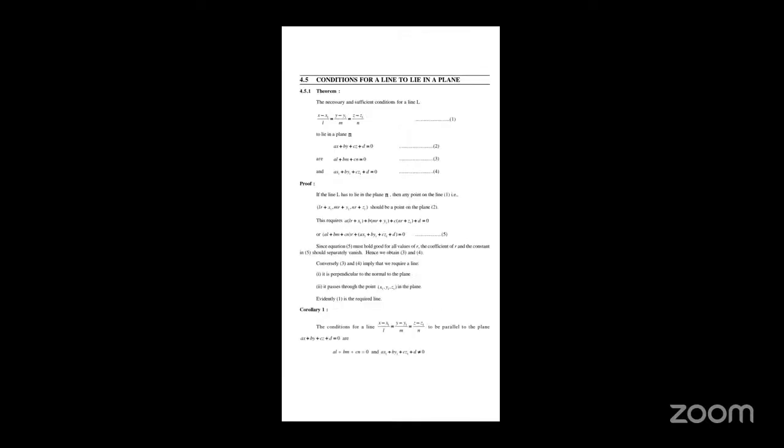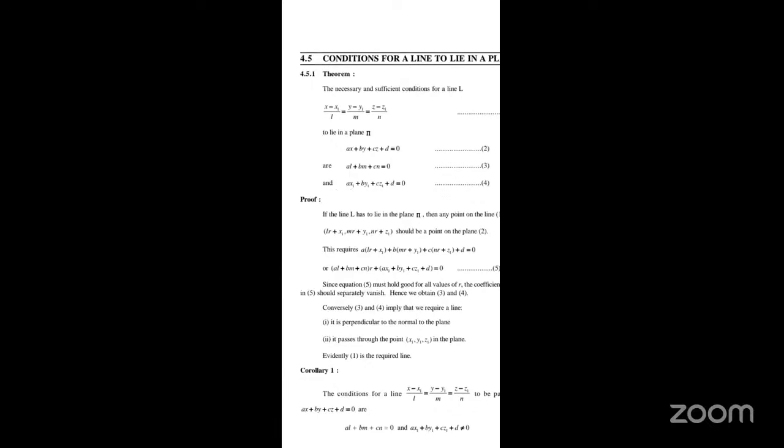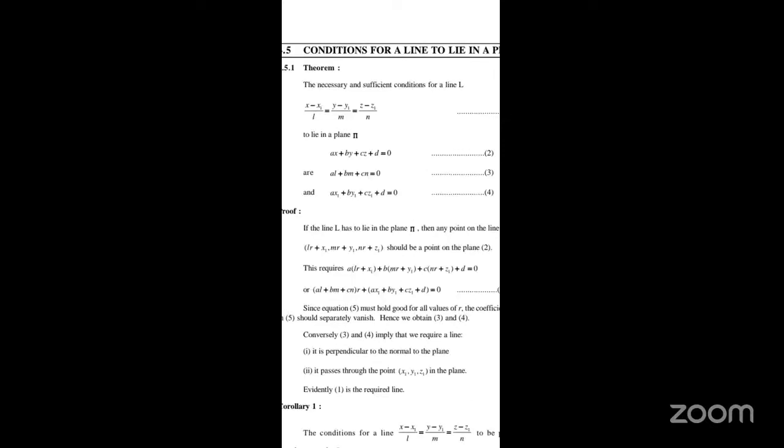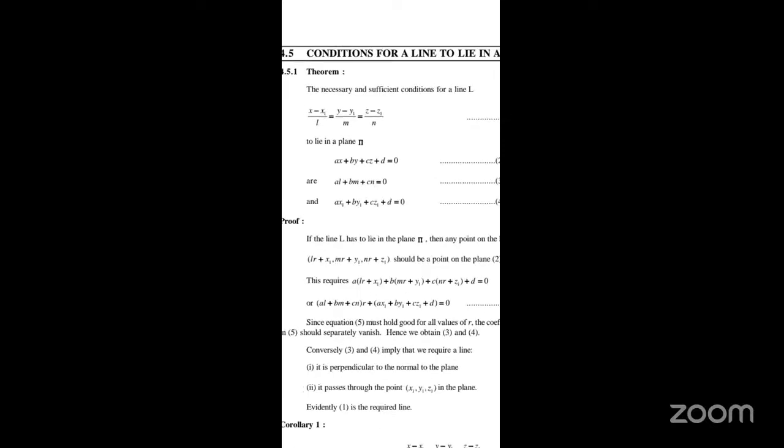Conditions for a line to lie in a plane, very important. First of all, write the line equation: (x minus x1) by l, (y minus y1) by m, (z minus z1) by n. The plane is ax plus by plus cz plus d equal to 0, and here the condition is al plus bm plus cn equal to 0.